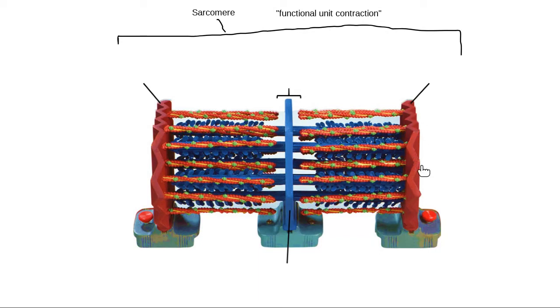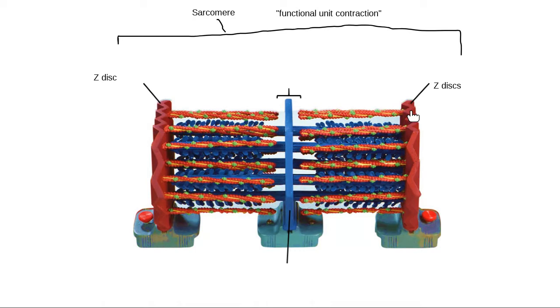They zigzag back and forth. These red lines are called Z-discs. Z-discs, because they zigzag back and forth. So from one Z-disc to the other Z-disc, I'll label the other side too, that's the borders of a sarcomere, from one zigzag to the other zigzag.